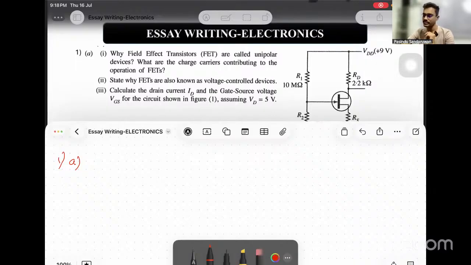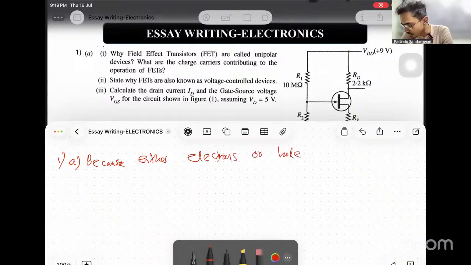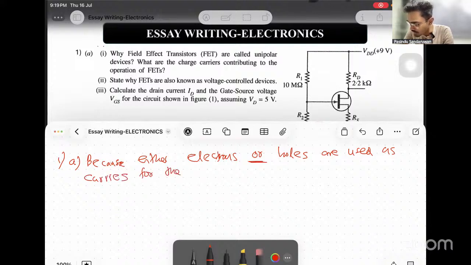That is why they are called unipolar. Since what is asked is why they are called unipolar transistors, you have to say: because either electrons or holes are used as carriers for the operation.